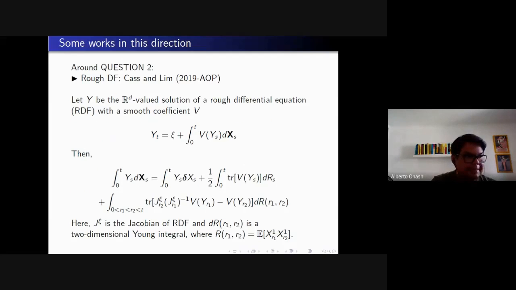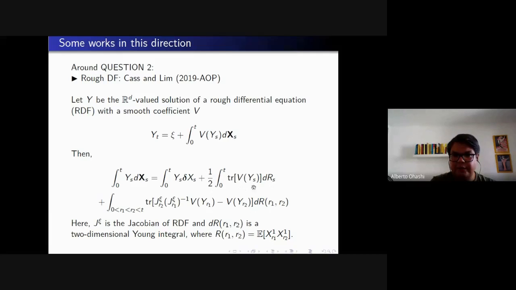In the same kind of literature around question 2, Cass and Lim, very recently, proved that if Y is a solution of a rough differential equation, this equation here, driven by a smooth coefficient V, then the rough path integral is the Skorohod integral plus some remainder term.